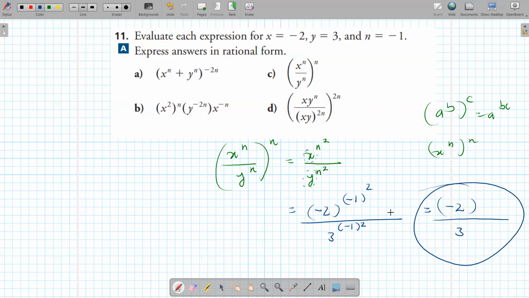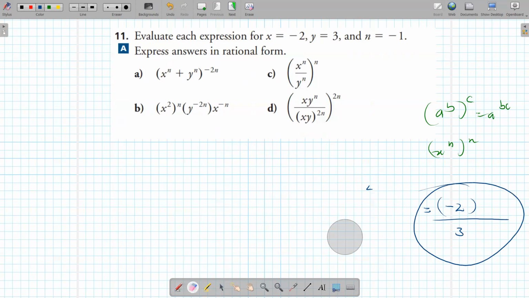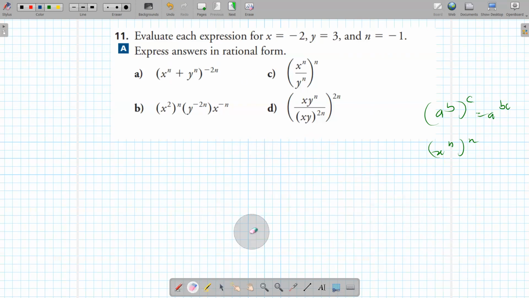Cool? All right, let's try doing D together. What would be the first step? What would you do? I guess there's multiple things you can do, but one of them is the best.